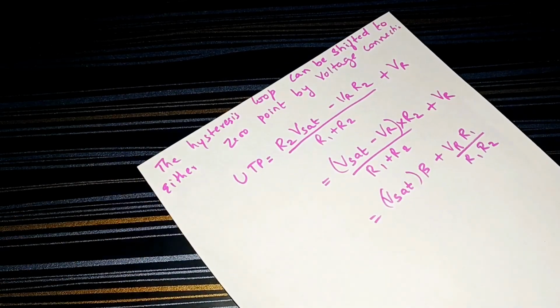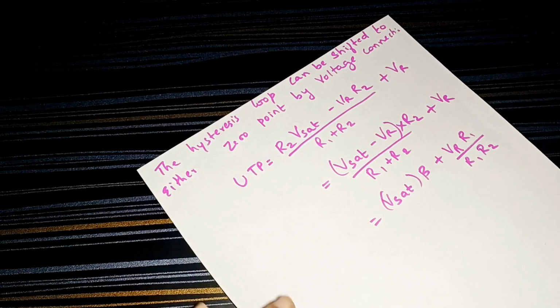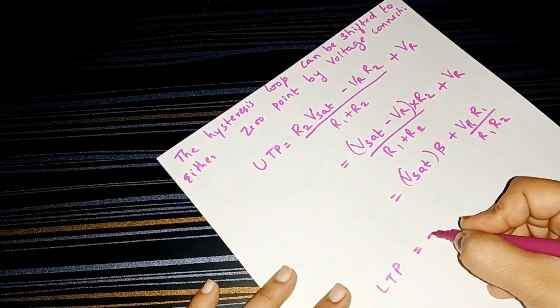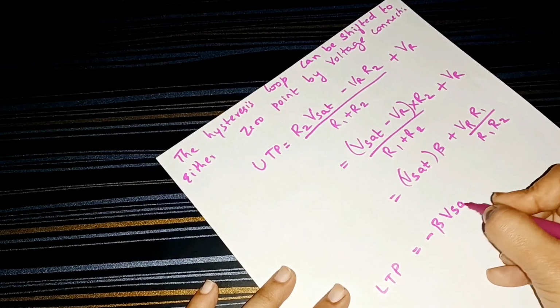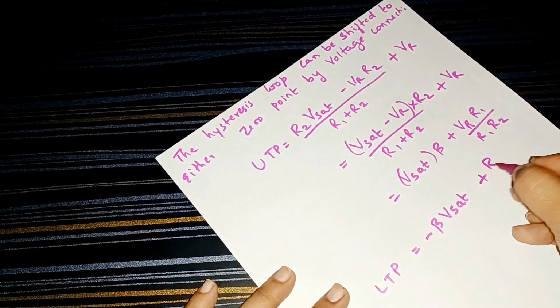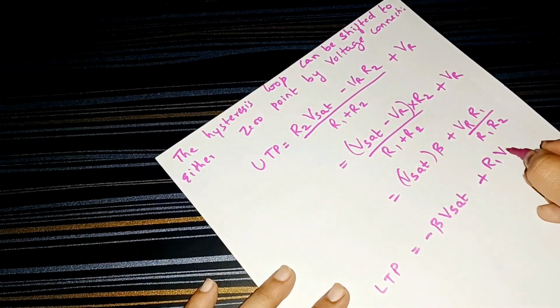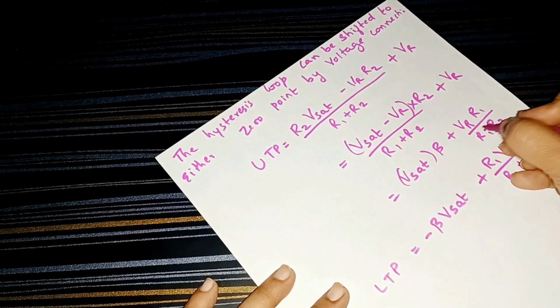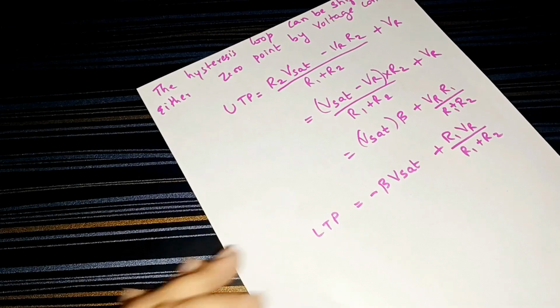This is the UTP value, and the LTP value we can take as minus beta Vsat plus R1 times voltage reference over R1 plus R2.